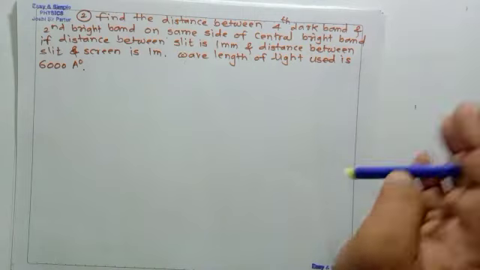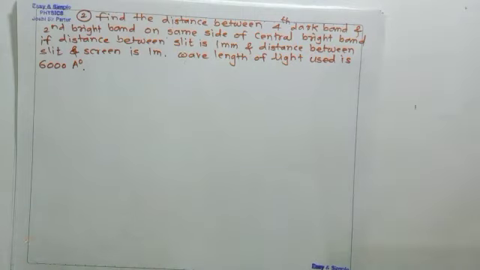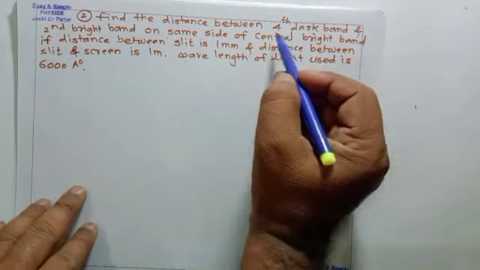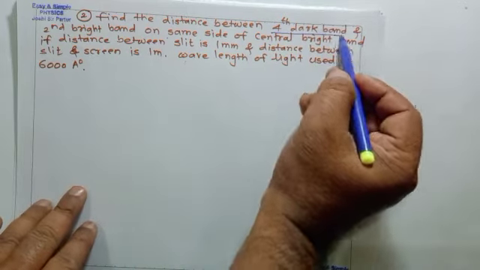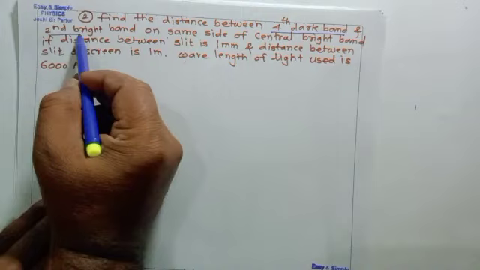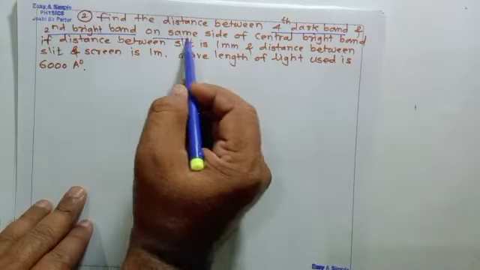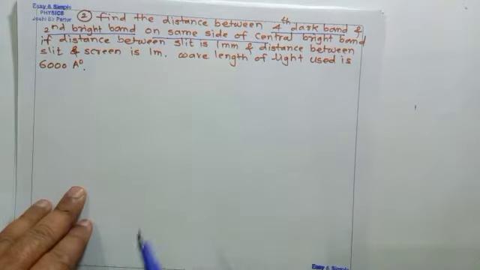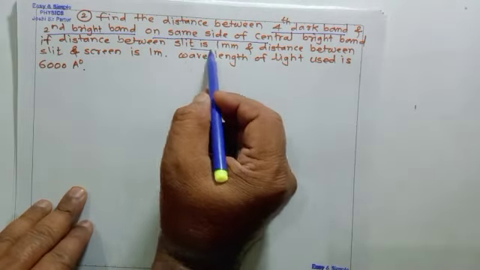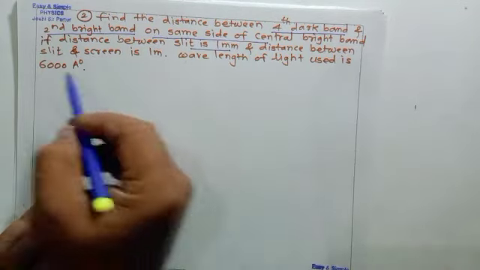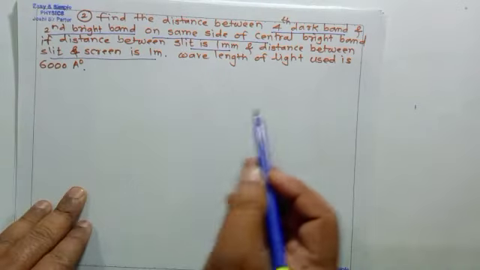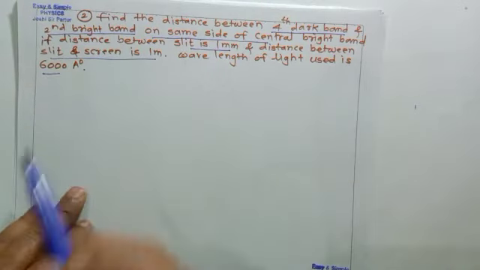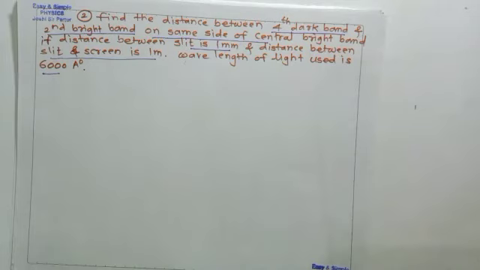Again, if we solve another question, that is find the distance between fourth dark band and second bright band on same side of central bright band. If distance between slit is 1 millimeter, distance between slit and screen is 1 meter, and wavelength is 6000 angstrom unit.